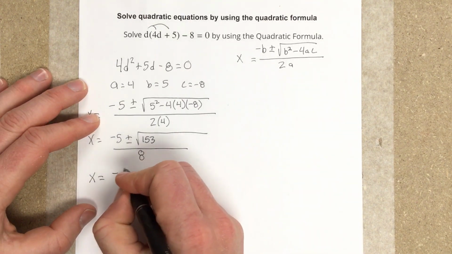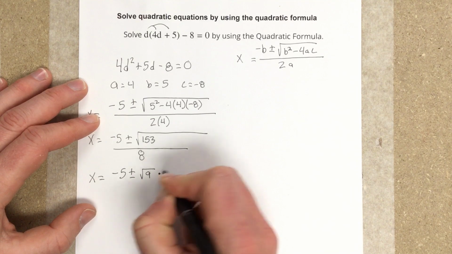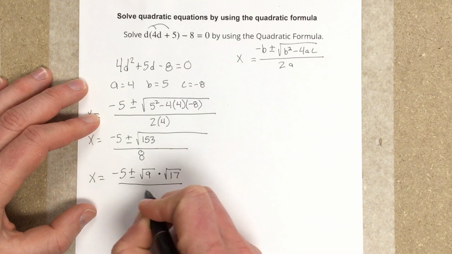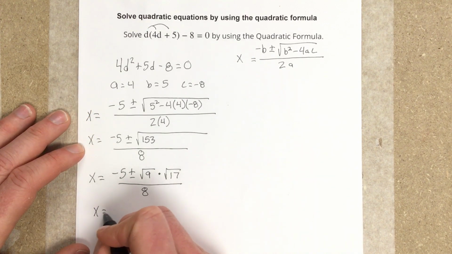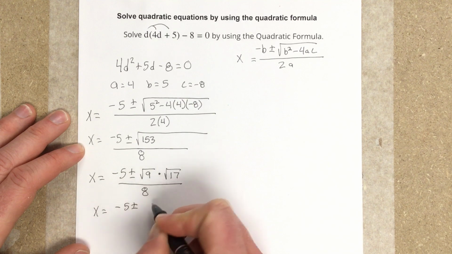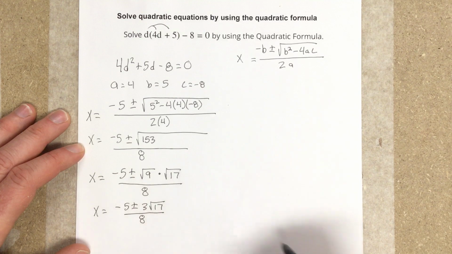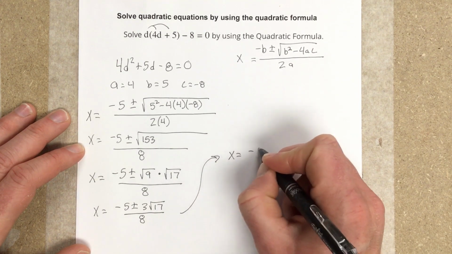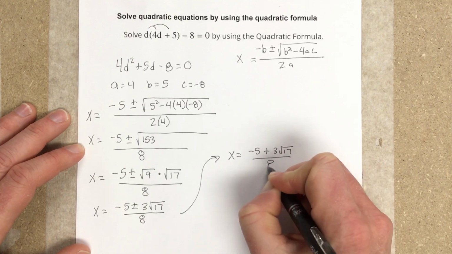So I can split this to negative 5 plus minus, this would be root 9 times, I'm simplifying the radical, root 17 all over 8. So then I can say that that is actually equal to negative 5 plus and minus 3 root 17 over 8.